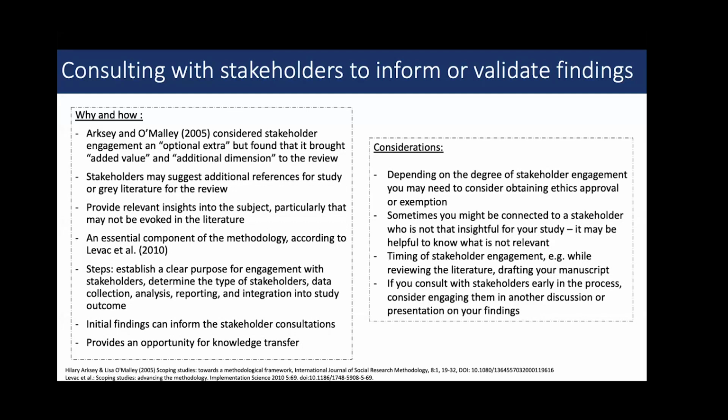A couple of considerations from my own experience with a scoping study that had a stakeholder component: depending on the degree of engagement, you might need to consider obtaining ethical approval or ethical exemption. Sometimes you might end up being connected with stakeholders that are not that insightful for your study, and that is okay. Sometimes it's also helpful to know what is not going to be relevant and useful.